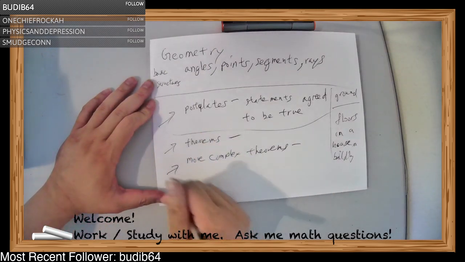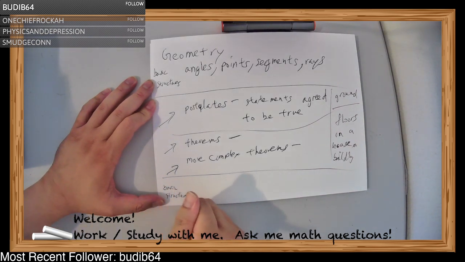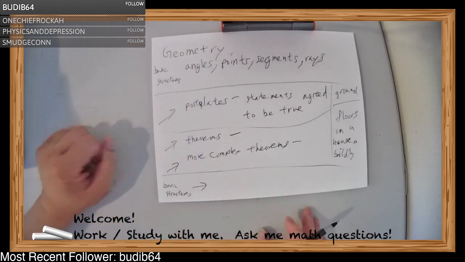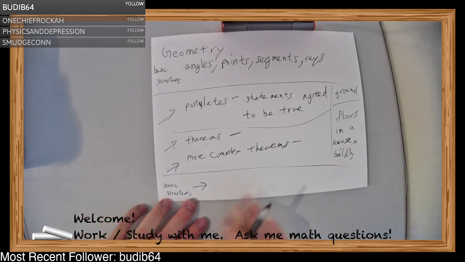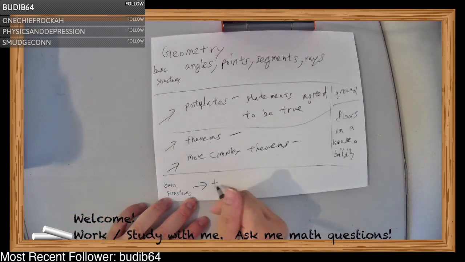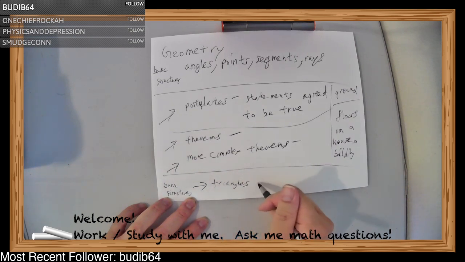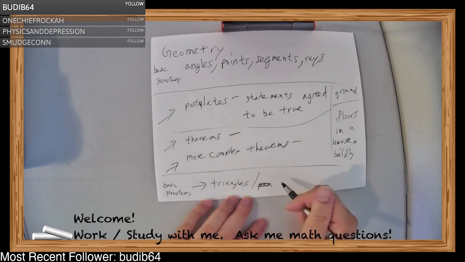The structure side of it is you start with your basic structures. And then you go to angles, points, segments, rays. Start with the basic structures, and then you prove a lot of stuff about triangles and parallel lines. Oh, actually, that's technically, let's put that here.